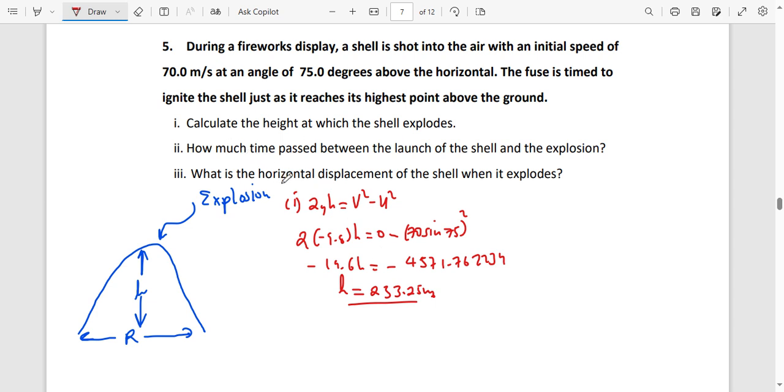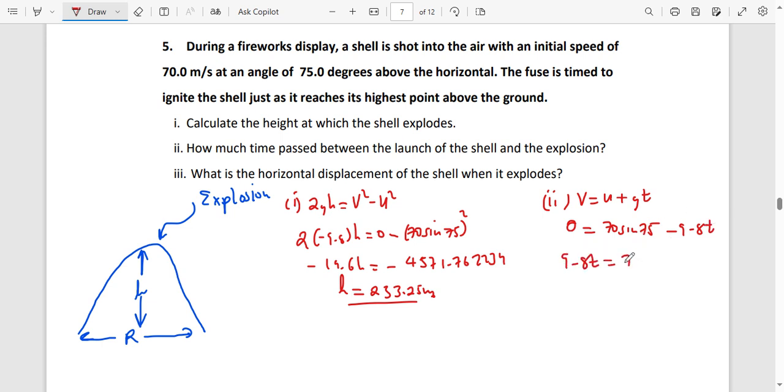How much time passed between the launch of the shell and the explosion? Remember the explosion is happening at the maximum point. So we can simply say v is equal to u plus gt. The final velocity at the maximum point is 0. Initial velocity, this is still in the y, is 70 sin 75. g is still negative because it went upward, so take this as negative 9.8 t.